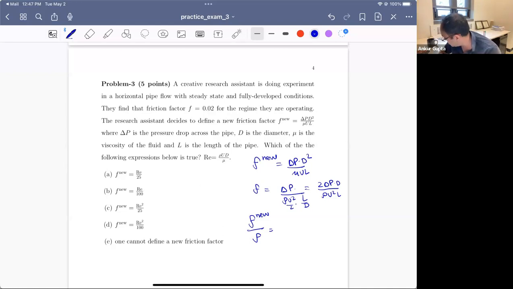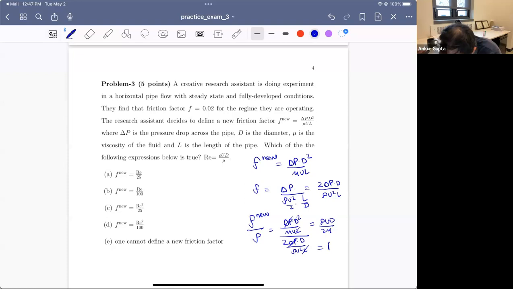And the right-hand side answer is in terms of Reynolds number. So F nu by F is delta P d square by mu UL divided by 2 delta P d by rho U square L. I can see this delta P drops out, and this L also drops out. So essentially what you're getting here is rho U d by 2 mu.